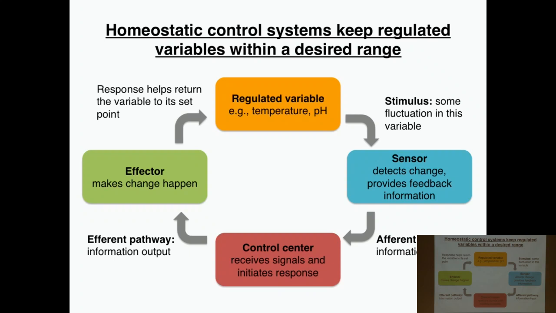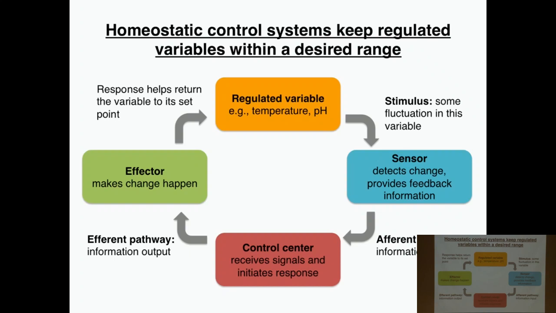Ideally, that response will help return whatever that variable is to its set point or into its normal range. And then you'll stay at whatever that set point is unless you get some other fluctuation, at which point the stimulus will again activate the system to get you back in place. Everybody with me so far?